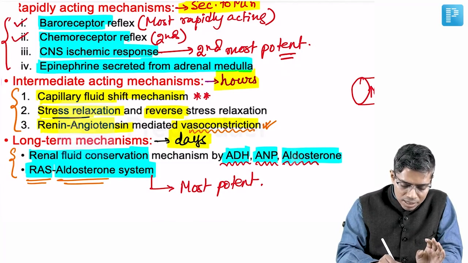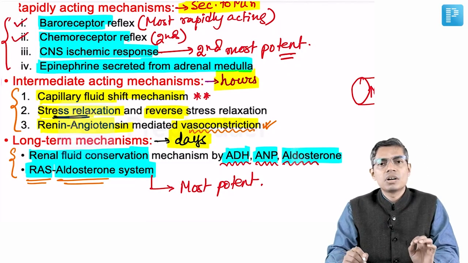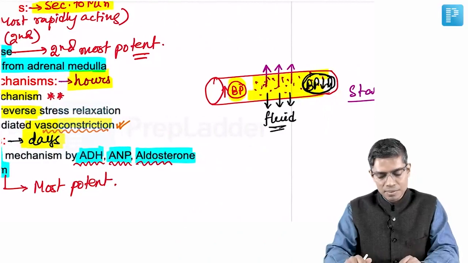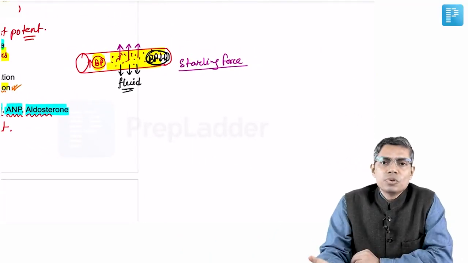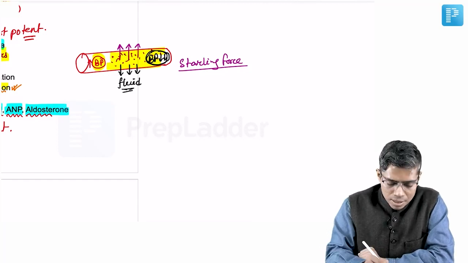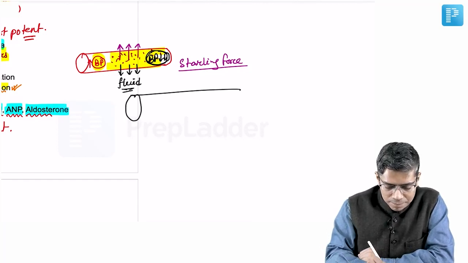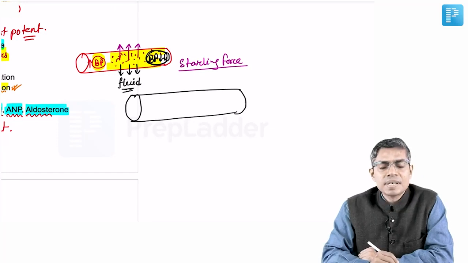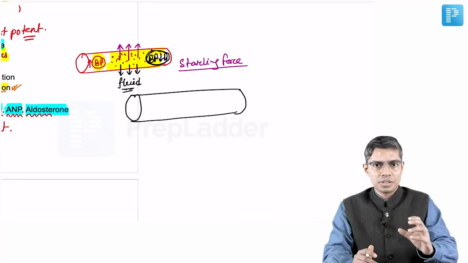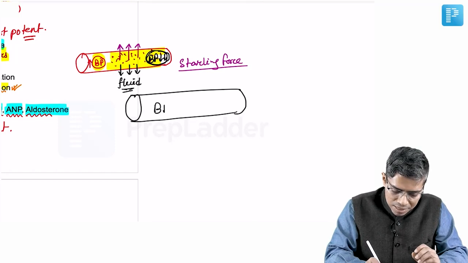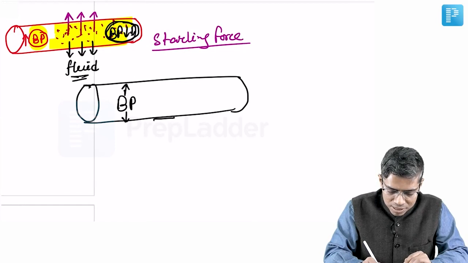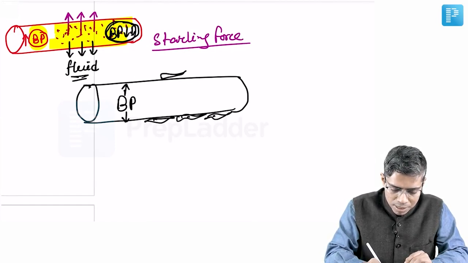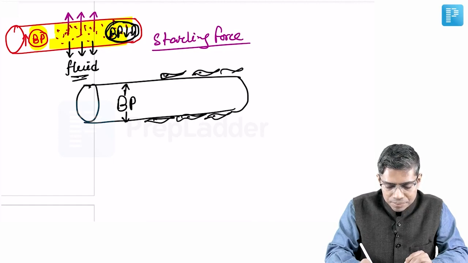Now second, you look at stress relaxation of the vessel. Stress relaxation of the vessel is basically a property of the smooth muscle present in the vessel, right? So suppose this is a blood vessel, and it is under high pressure, meaning the blood pressure inside this vessel wall is very high. So I can understand that the smooth muscles present in this vessel wall are under high tension, right?